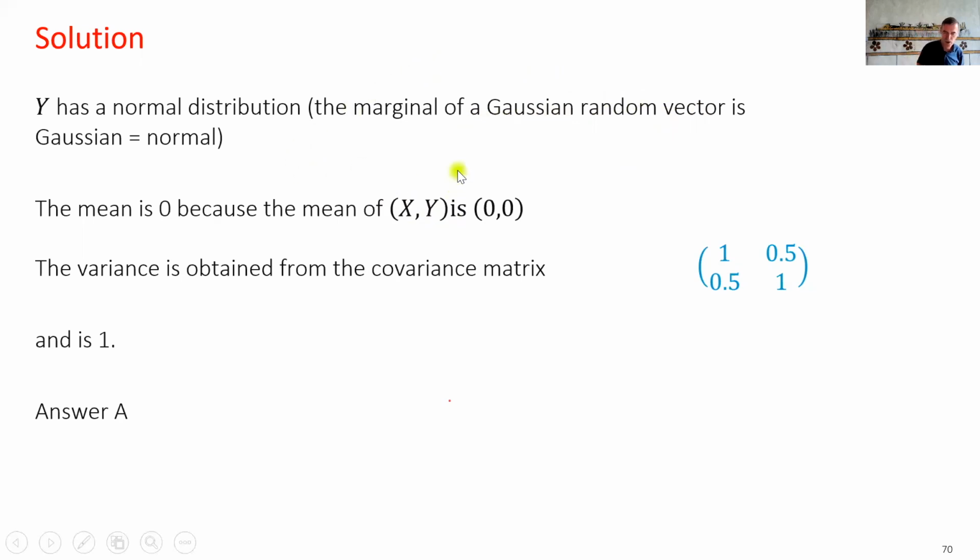And in particular, if I take as linear combination of x and y 0x plus 1y, that gives y. So the marginal distributions are Gaussian distributions, and the covariance matrix gives us the variance of the distributions here. So the variance of y is 1 because of the covariance matrix.